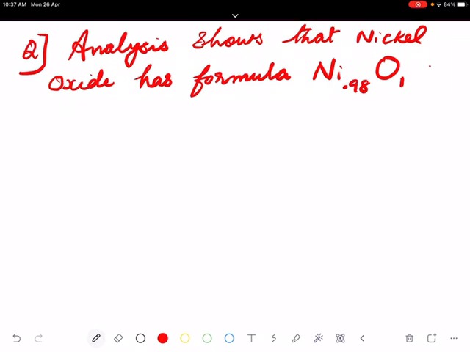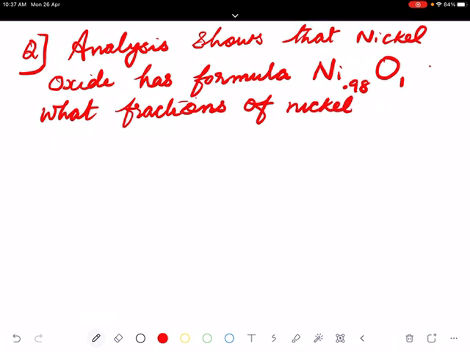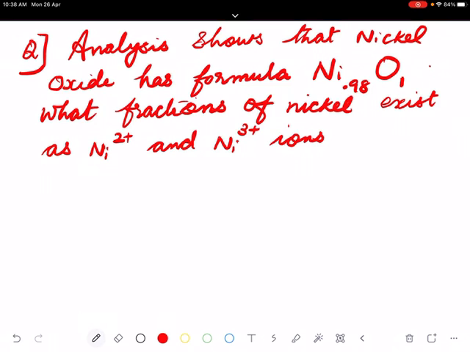What fractions of nickel exist as Ni2+ and Ni3+ ions? That means some of this Ni2+ are replaced by Ni3+.